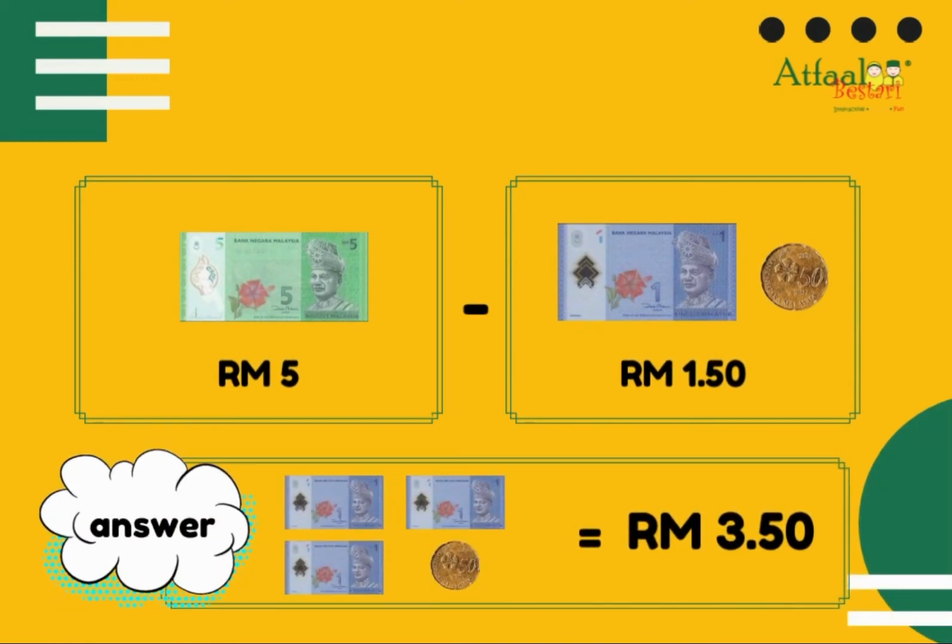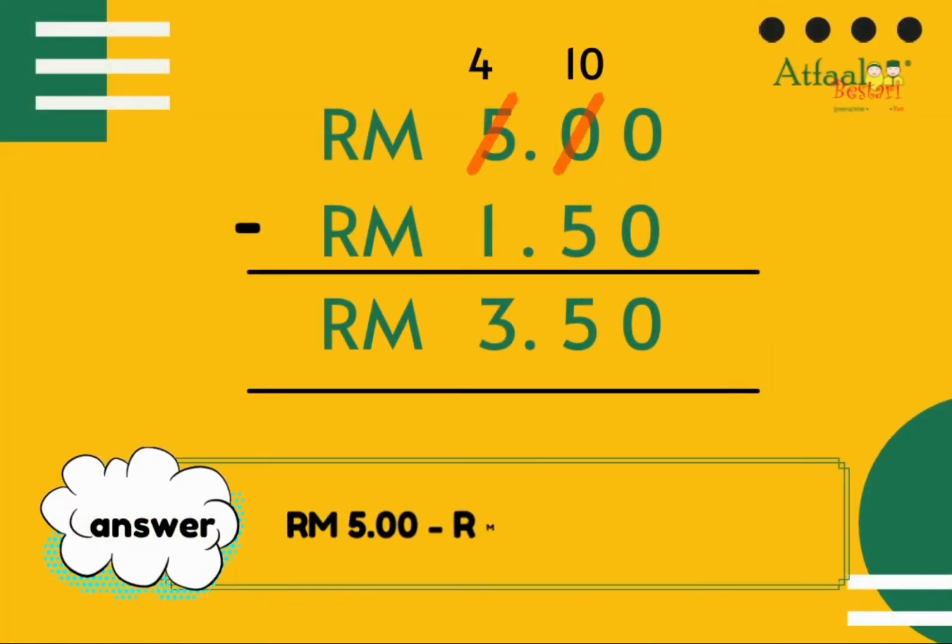Another example, 5 ringgit minus 1 ringgit and 50 cent equal 3 ringgit and 50 cent. In vertical method, 5 ringgit minus 1 ringgit and 50 cent. Start from the number on your right side first. 0 minus 0 equal 0.